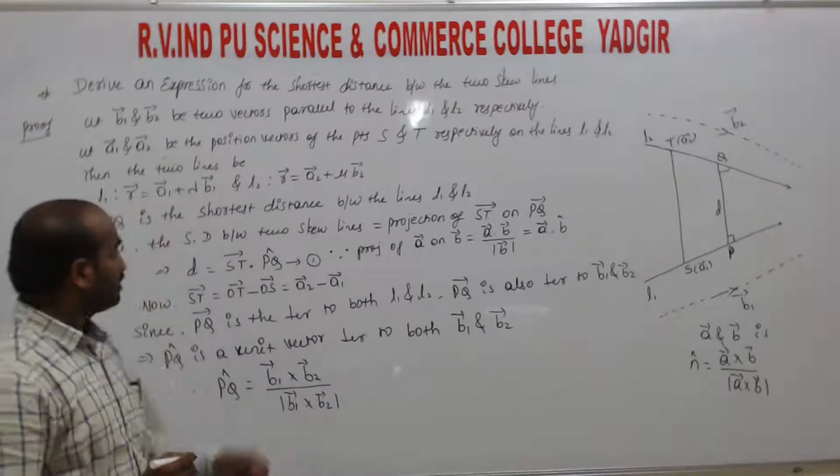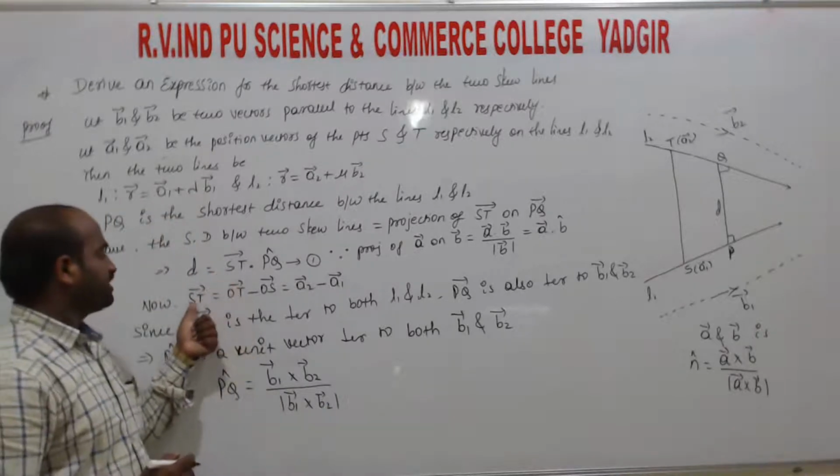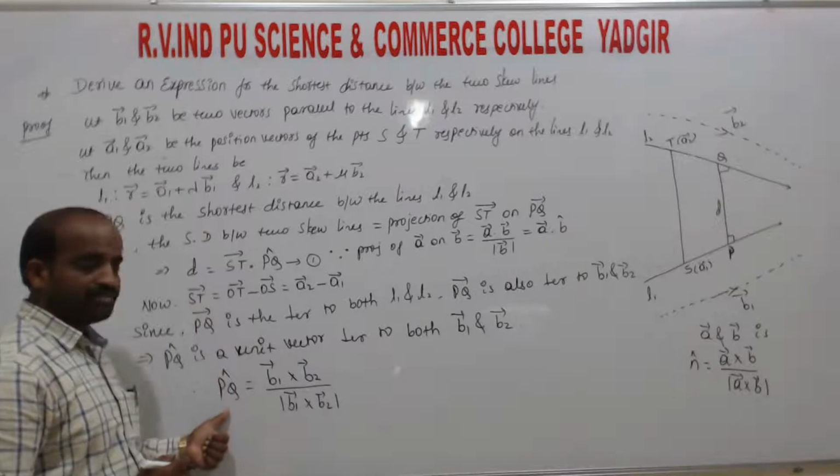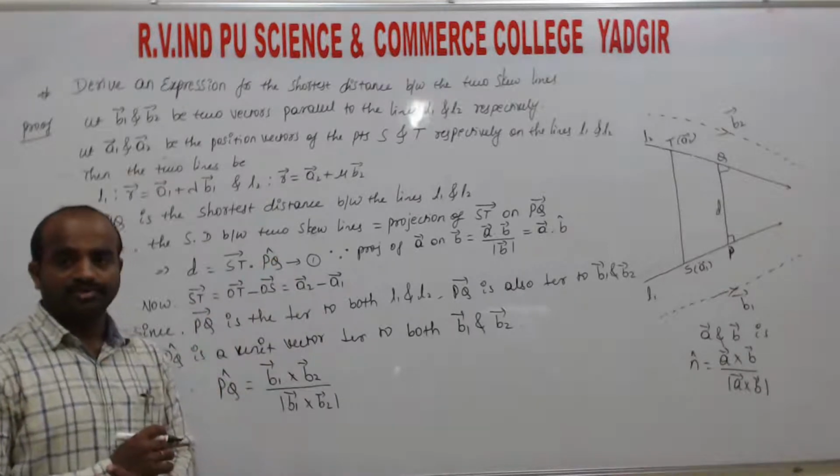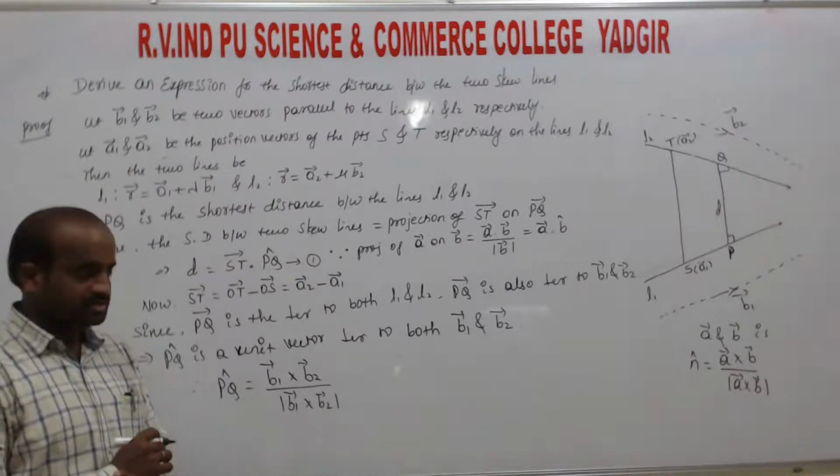Substituting ST vector and PQ cap in equation 1, we will get the shortest distance between two skew lines.